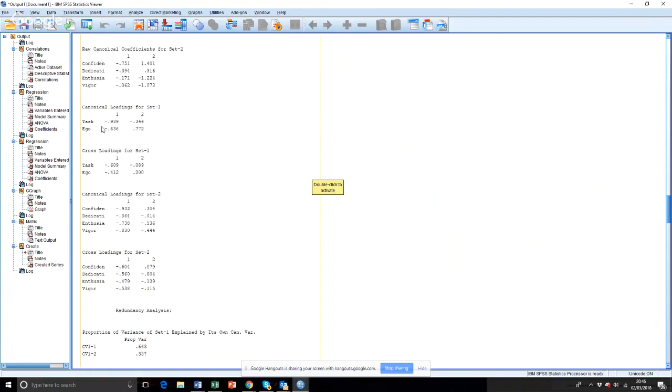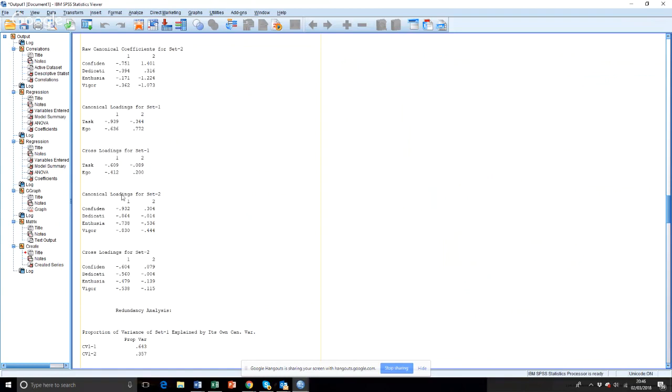So what that means is that these canonical loadings are telling us that essentially low levels of motivation orientation, so low levels of task and ego orientation, and low levels of the engagement factors are going in the same direction. So low motivation orientation, low engagement, therefore a positive association. Now, if these loadings were positive and these were negative, we'd have a negative association. That's to say that one's going up, the other's going down.